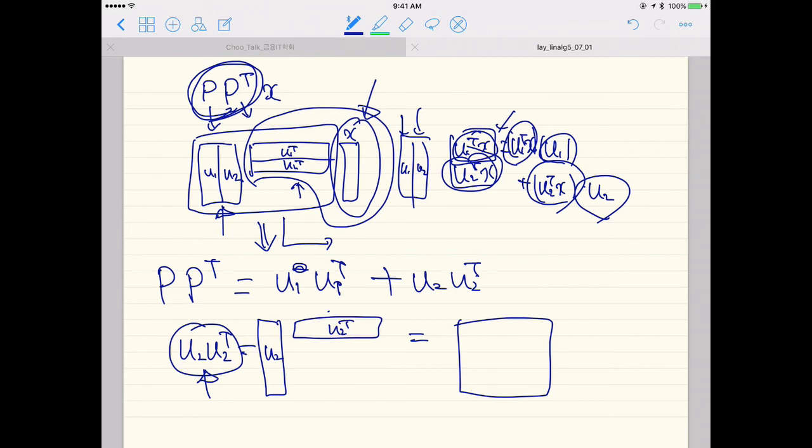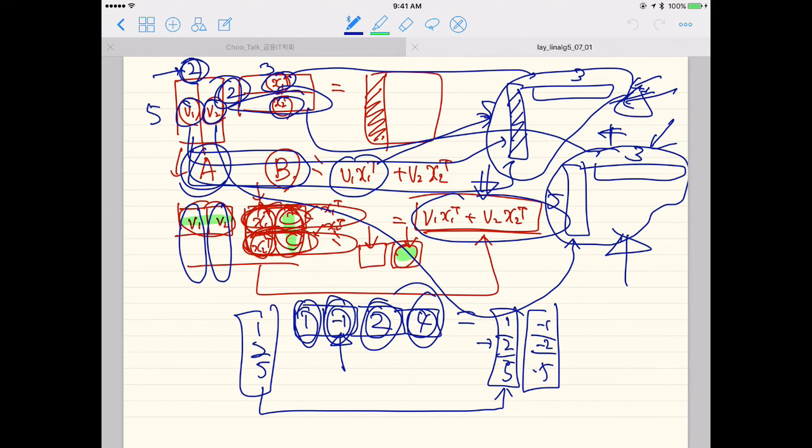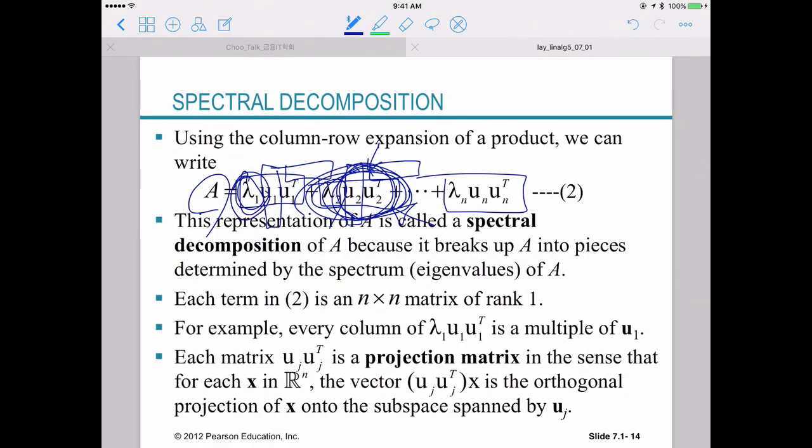And you are projecting onto the first one, right? And then now you have this weight, so you project it to this vector and you scale them by lambda 1. And you have the second orthonormal basis vector, and then you project it, and then you scale it by using lambda 2, right? And then you sum them up.